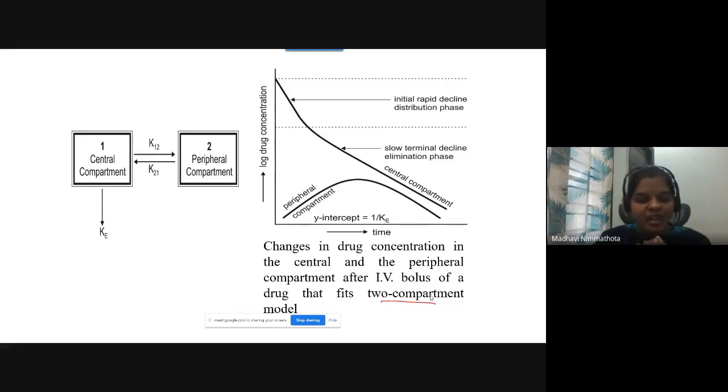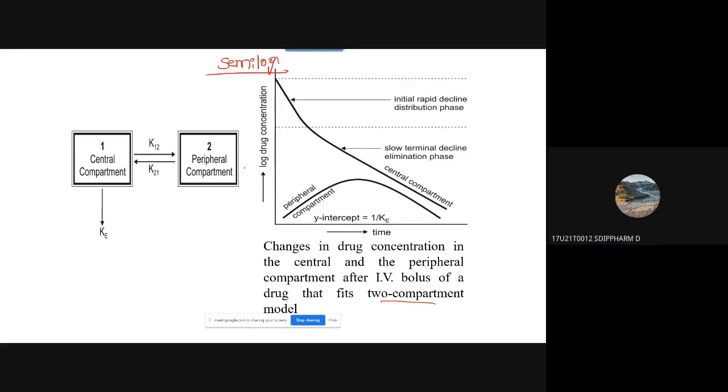So if the drug follows a two compartmental open model, when you take such a drug through IV bolus injection, the plasma drug changes happening between the central and peripheral compartments will be explained extensively through this graph. Once you observe this graph, it is very easy. When you plot a graph between time versus log concentration, this plot is made on a semi-logarithmic graph, not a Cartesian graph.